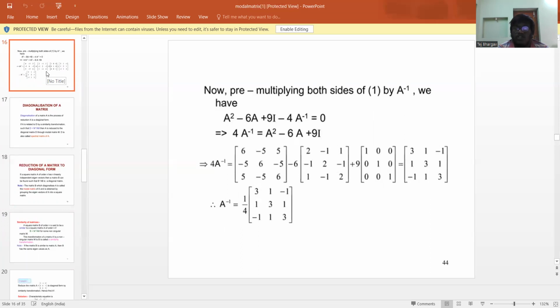So 4A inverse is equal to A squared minus 6A plus 9I. 4A inverse is equal to the matrix 6, minus 5, 5, minus 5, 6, minus 5, 5, minus 5, 6 minus 6 into 2, minus 1, 1, minus 1, 2, minus 1, 1, minus 1, 2 plus 9 into the identity matrix, which equals 3, 1, minus 1, 1, 3, 1, minus 1, 1, 3. Therefore, A inverse is equal to 1 by 4 into 3, 1, minus 1, 1, 3, 1, minus 1, 1, 3.